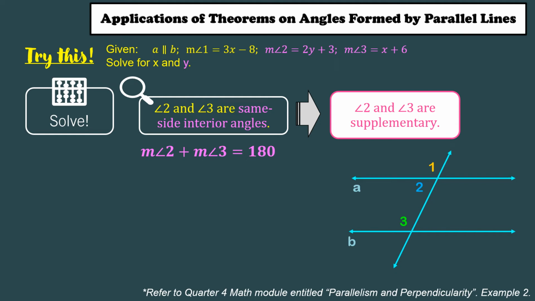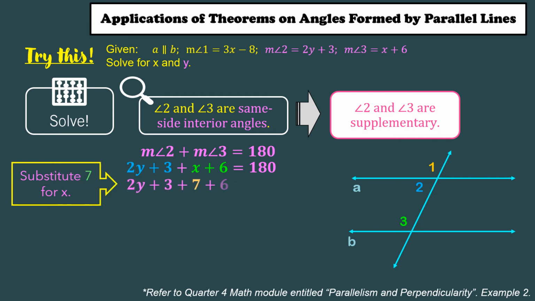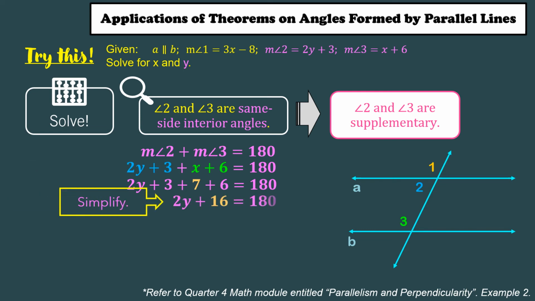We then substitute the given measures of angle 2 and angle 3, which are 2y plus 3 and x plus 6. Since we know already that the value of x is 7, we then substitute 7 for x in the equation. We simplify this expression by adding the constant terms 3, 7, and 6 to get the resulting equation 2y plus 16 equal to 180.